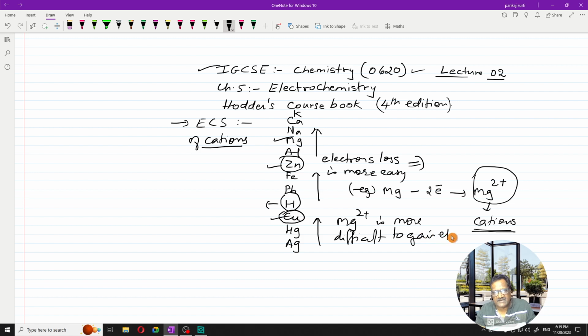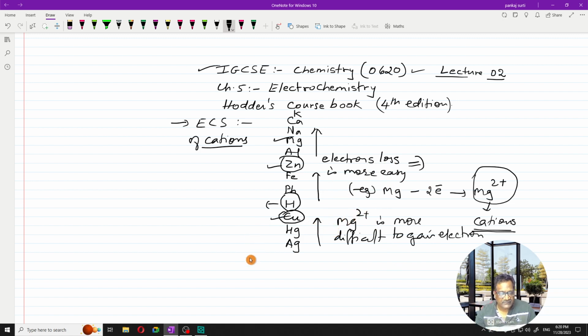So if a metal is losing electron easily, then whatever ion is formed as a result will find it equally difficult to gain electron later on. Gaining the electron later becomes more difficult for those ions which are formed from the elements where the electron loss was more easy. If you understand this relationship, you will understand the working of this electrochemical series.